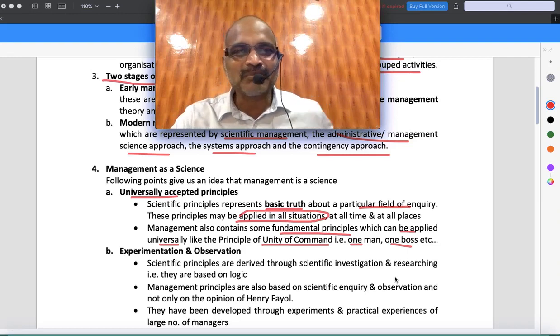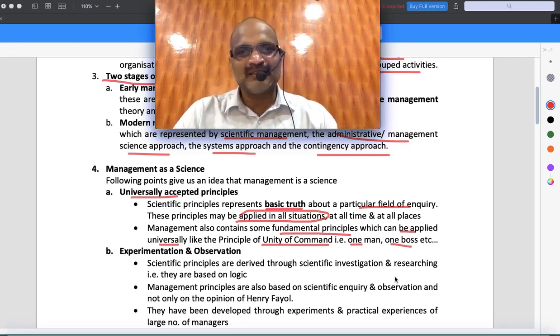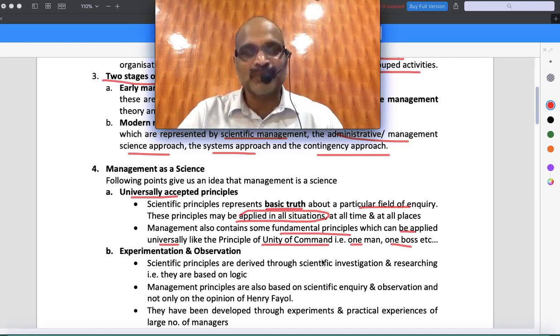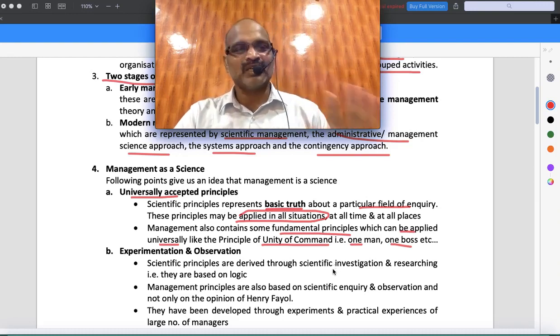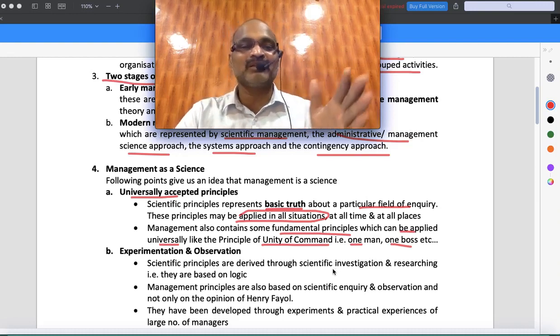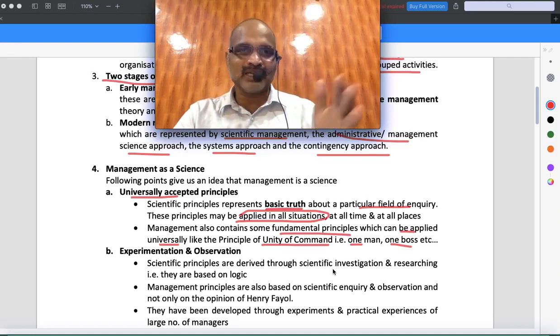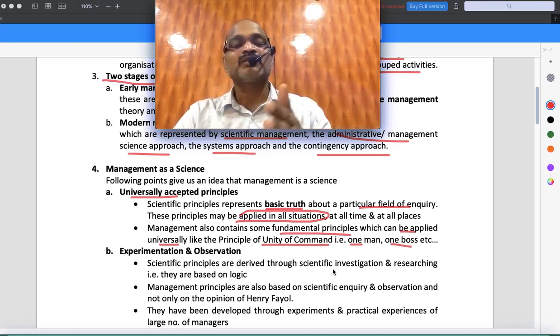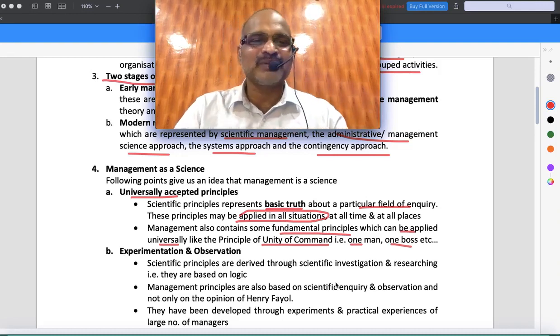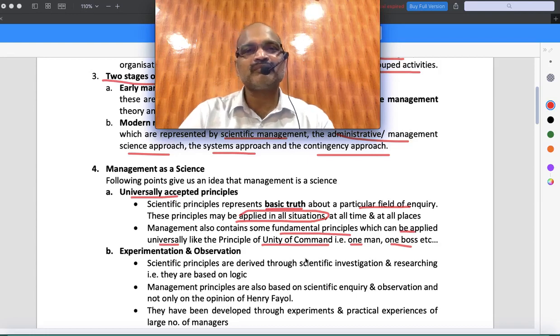So just like science, whose principles are applicable everywhere, some of the management principles are also applicable in some situations in some countries. That is so, management has the element of science, management has the nature of science. That is the point. Understood?